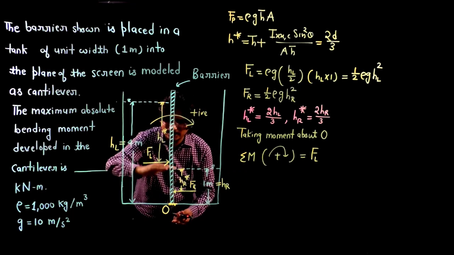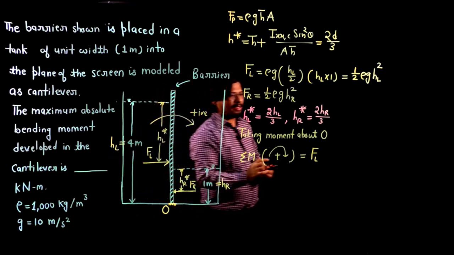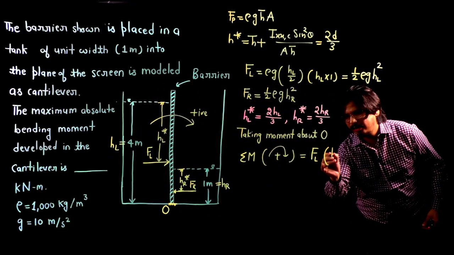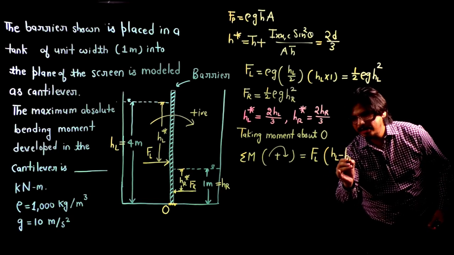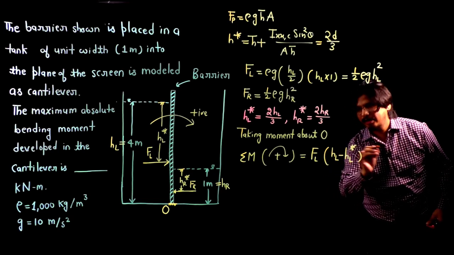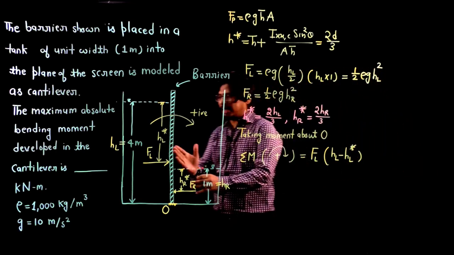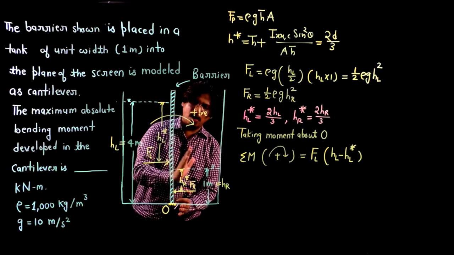So the perpendicular distance will be HL minus HL star. So FL into HL minus HL star. I am taking it positive because the moment applied by this force FL will be clockwise.